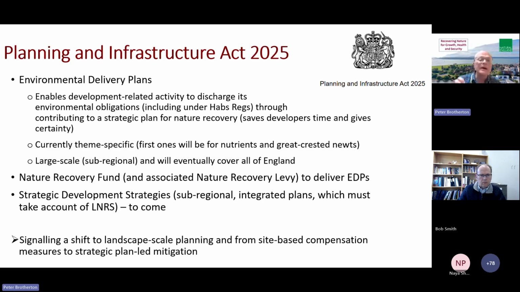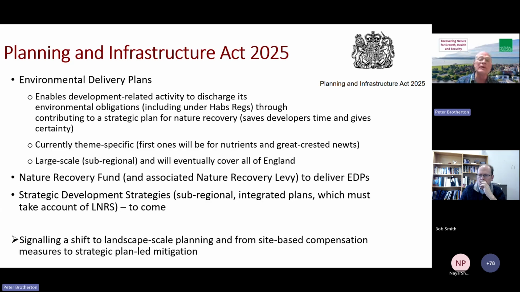EDP levies are paid into what is called a nature recovery levy, which is paid into a nature recovery fund, which Natural England will administer, just as we will be the ones to develop the EDPs and agree with government what that levy should be. And we're really excited as an organisation, with, I think, an eyes wide open sense of the word excited, so not naively.